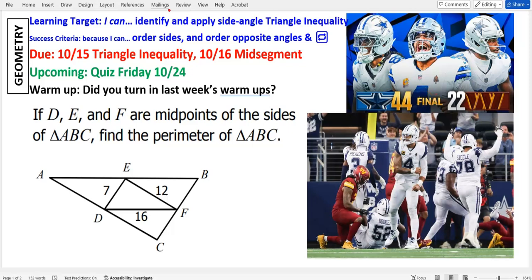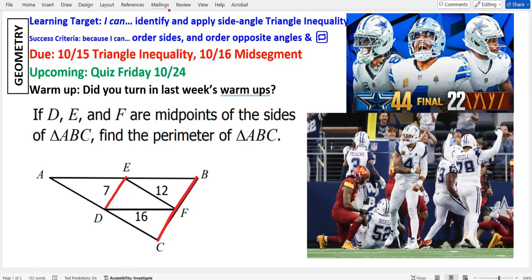All right. Well, anyways, when you have D, E, and F are midpoints, that means these are mid segments. So let's see if y'all remember the relationship. Let's start with DE. This is a mid segment. The mid segment is 7. So what is this parallel side going to be?